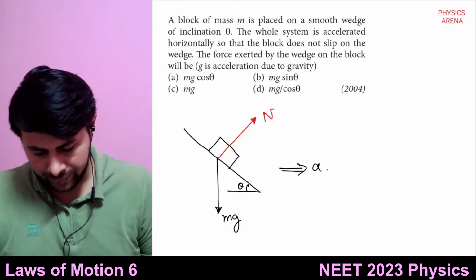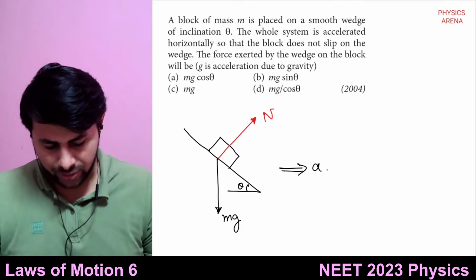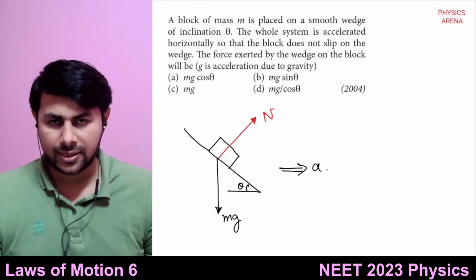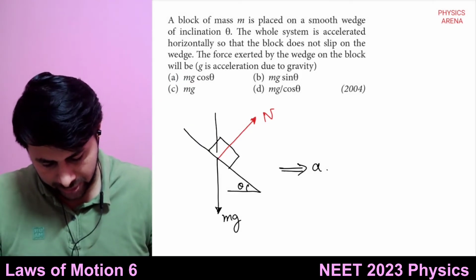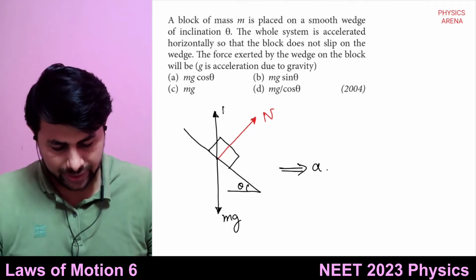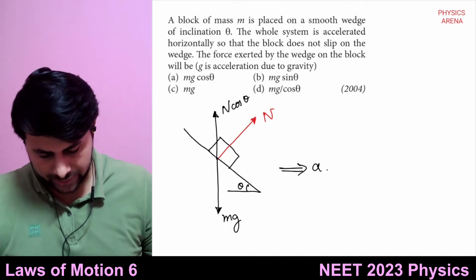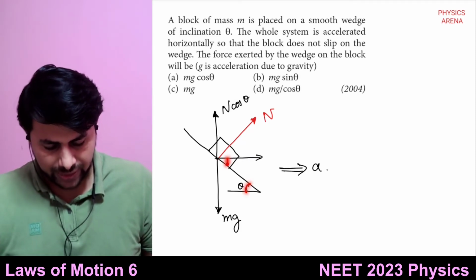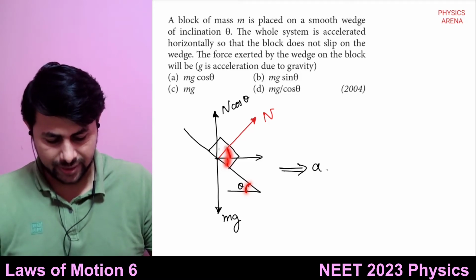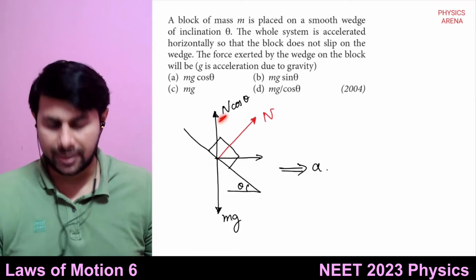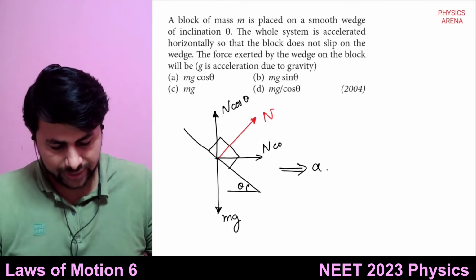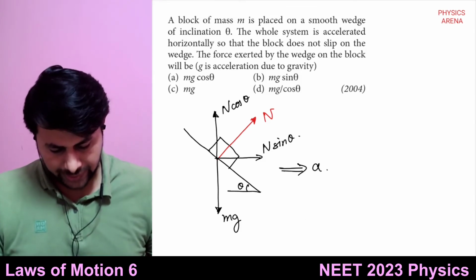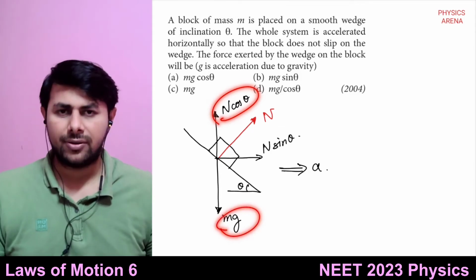Okay, so now what we can say here is we can resolve n along two components just like the previous problem. So this component will be n cos theta, because this angle is theta, so this angle will be theta. This is 90 minus theta, so this will be theta. So this component is n cos theta. This other component is n sin theta. Okay, and n cos theta is equal to mg, right?